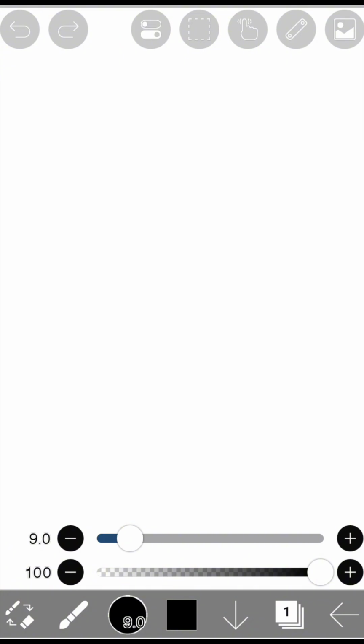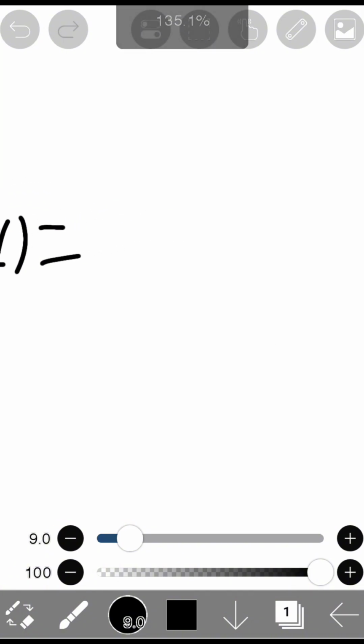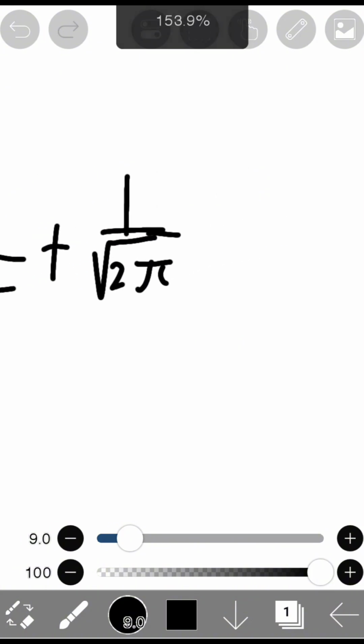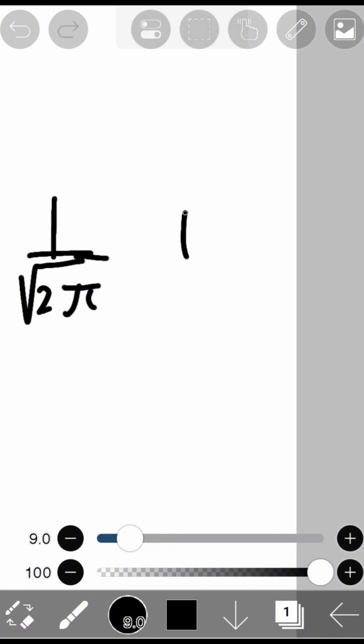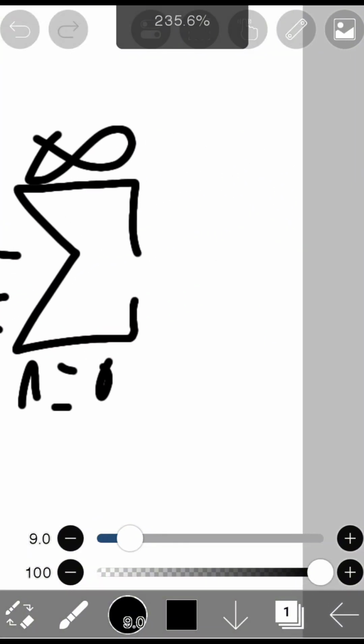All you need to do is to know this formula. One half plus 1 all over the square root of 2 pi multiplied by the Taylor series expansion from 0 all the way to infinity.